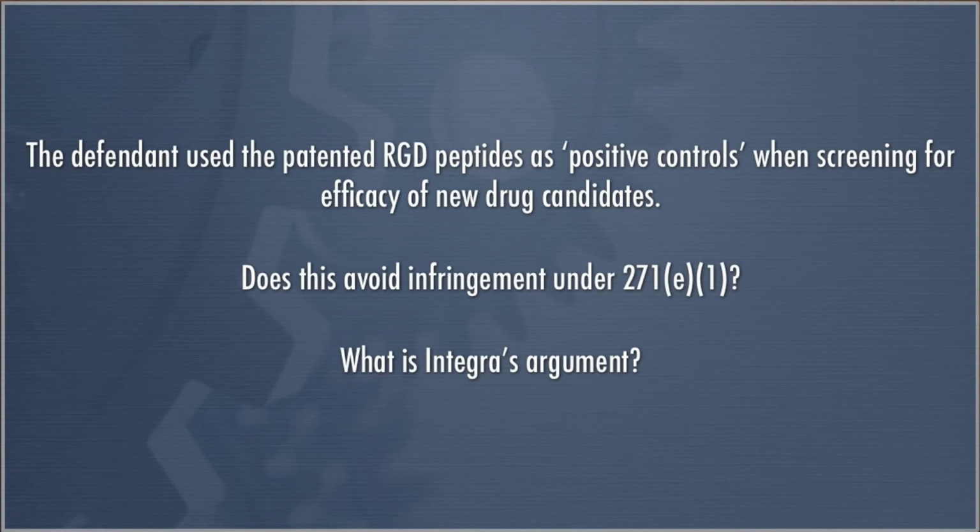That is, it's screening for particular drug targets that would ultimately be utilized in the FDA approval process or would support the later approval of a drug candidate in the FDA approval process, right? And so Integra says first that that's all that 271(e)(1) extends to, only safety information.